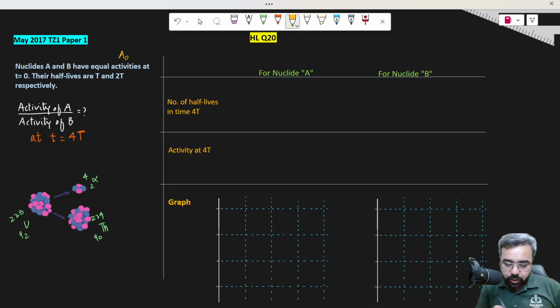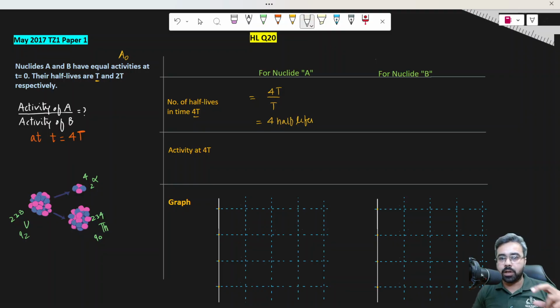Now, according to the question, nuclide A has a half-life T. It means we need to find how many half-lives will have passed. In the time period 4T, obviously you divide 4T by T, so there are four half-lives. What will be the activity after four half-lives? We know that after every one half-life, the number of nuclides remains half, right?